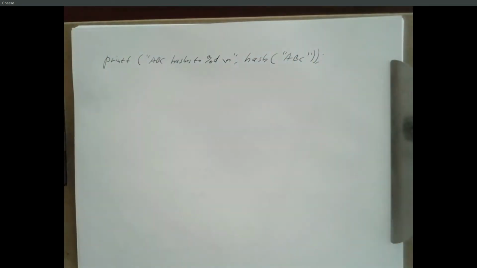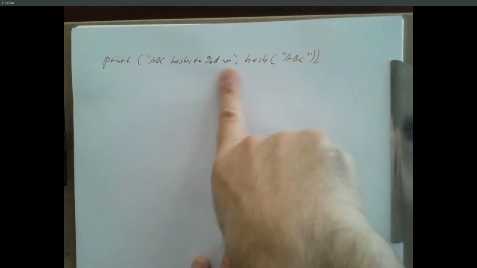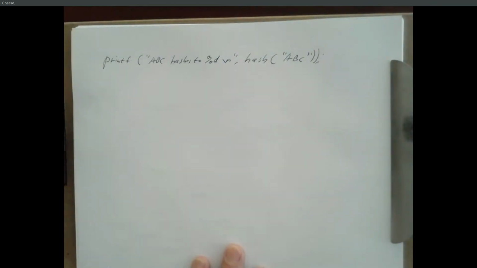One print statement: print ABC hash is %d, and for my argument, I'm just going to call hash of ABC. And that should give me a 12. And if I say hash of hello, that should give me whatever value the README says hello should hash to. And that's a really straightforward way to test your hash function.